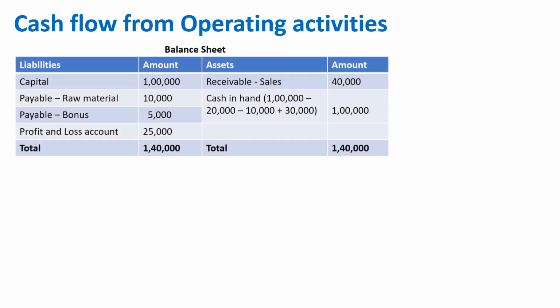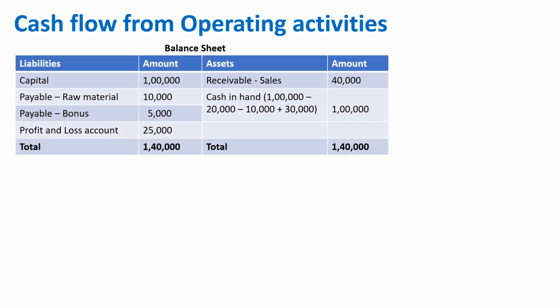Now again, we are going to calculate the cash flow from operating activities, but by using the indirect method. Under the indirect method, the calculation always starts from the profit earned during the period. And from there, we need to adjust for the movement of operating assets and the movement of operating liabilities. So let's check out how it is calculated.